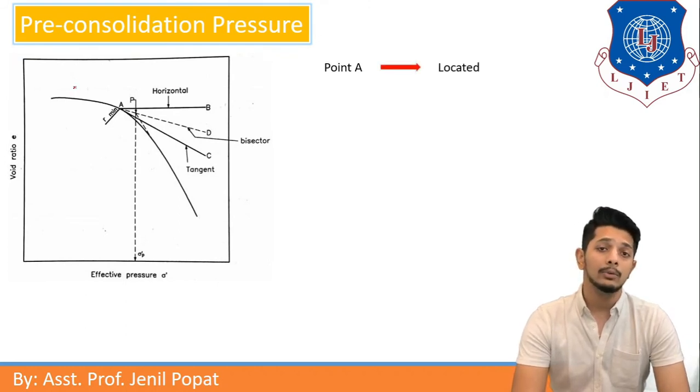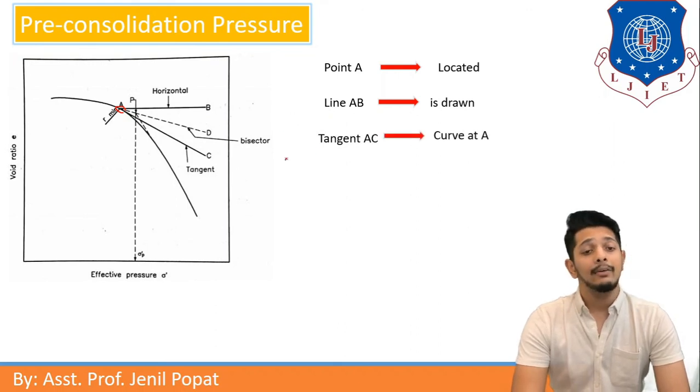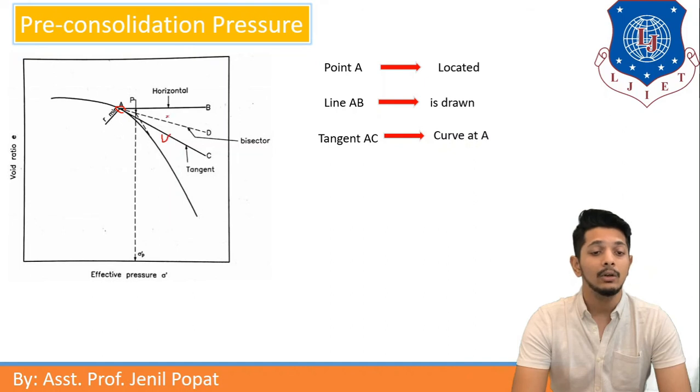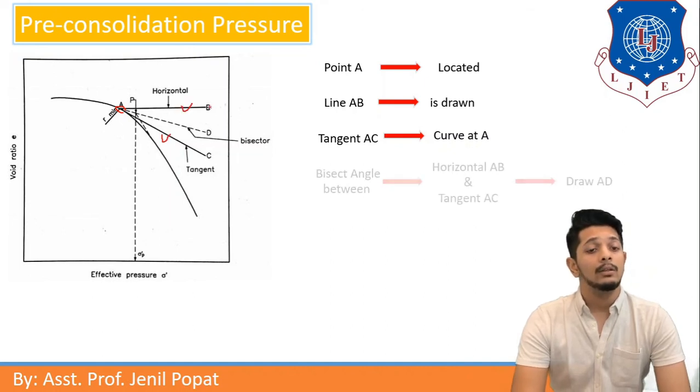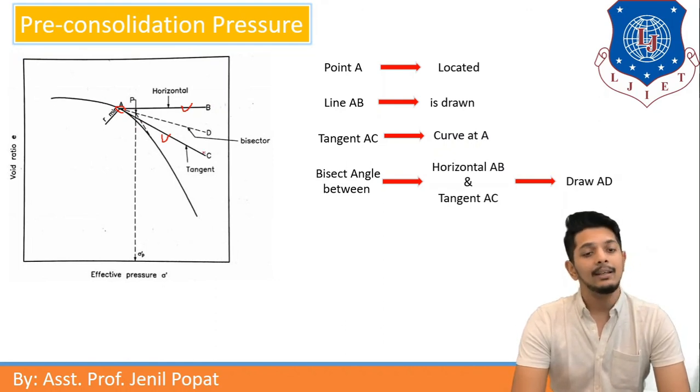In this graph, let us understand the procedure to determine pre-consolidation pressure. First of all, we have to decide the point of maximum curvature, point A, according to our eye judgment. So I am deciding this as point A. Next step is to draw a horizontal line from point A, that is line AB. Then I will draw a tangent AC to the curve at point A. Then I will bisect the angle between line AB and line AC.